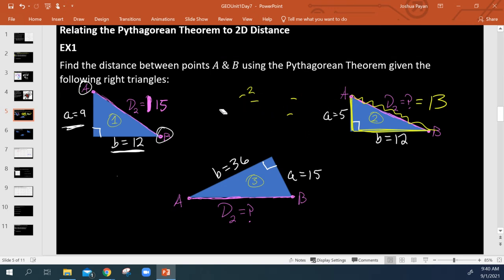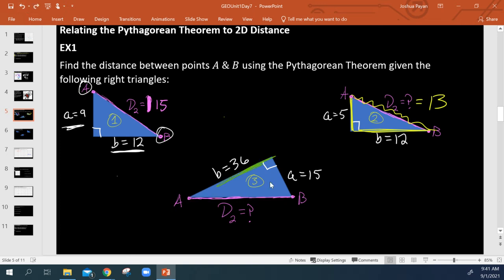One more example. Make sure we've got it. Okay, so this looks a little weird, but again, you can always tell your hypotenuse is opposite of the 90. That's how you know it's the hypotenuse.